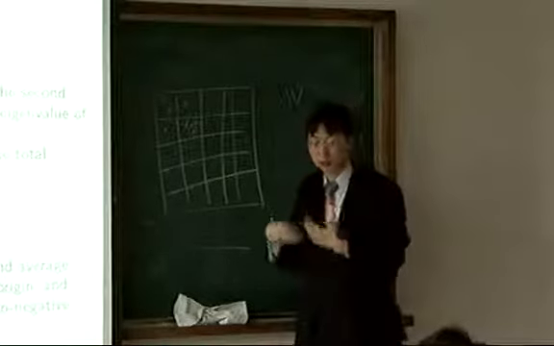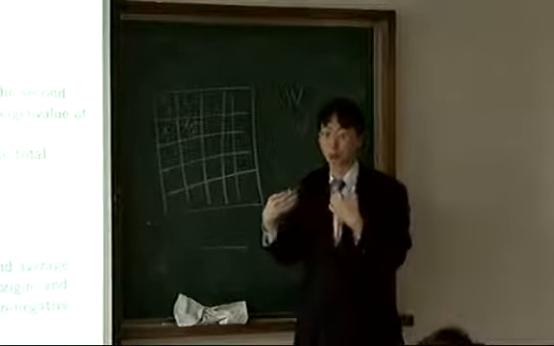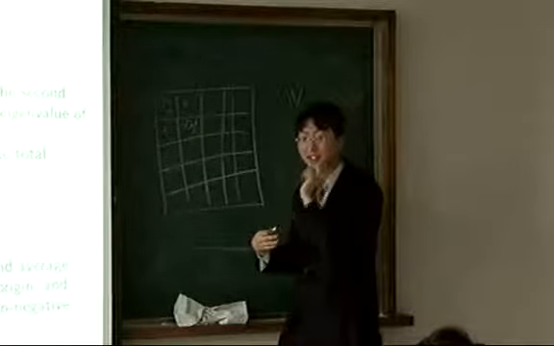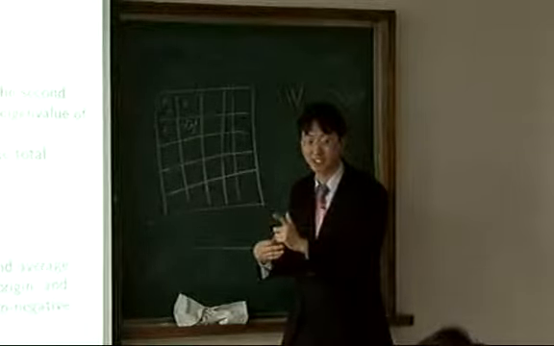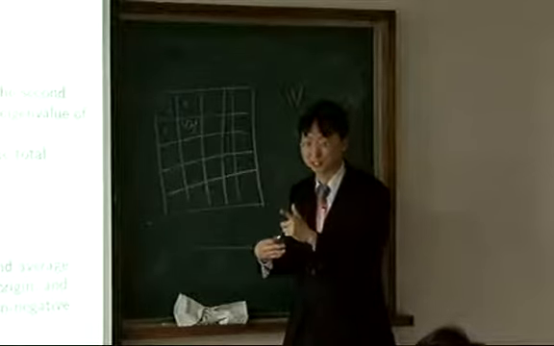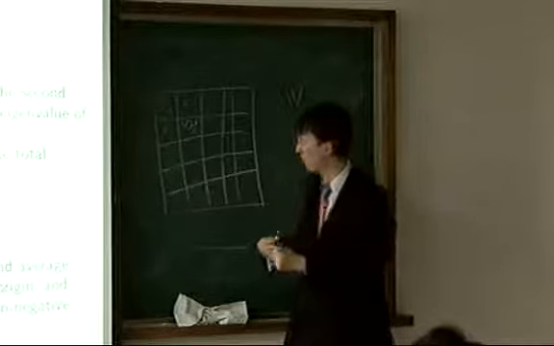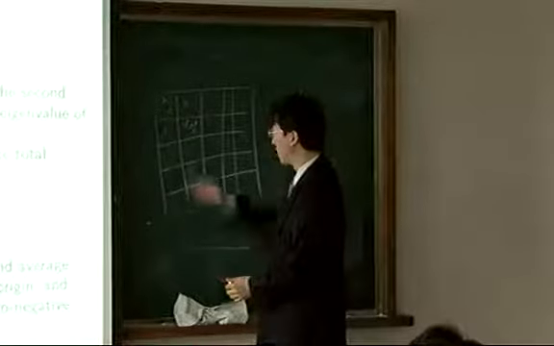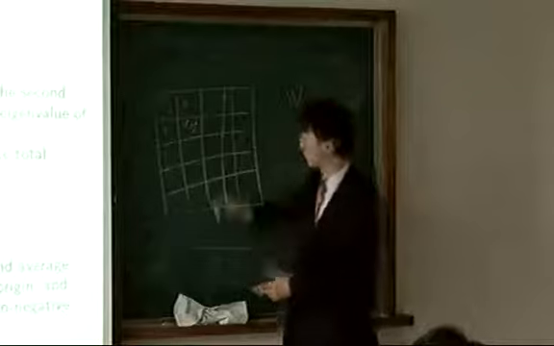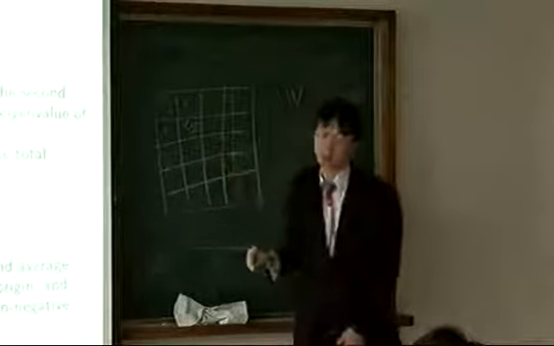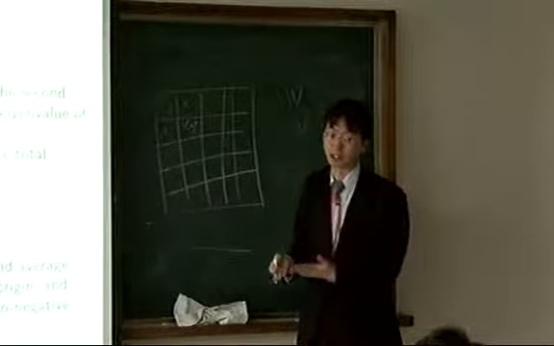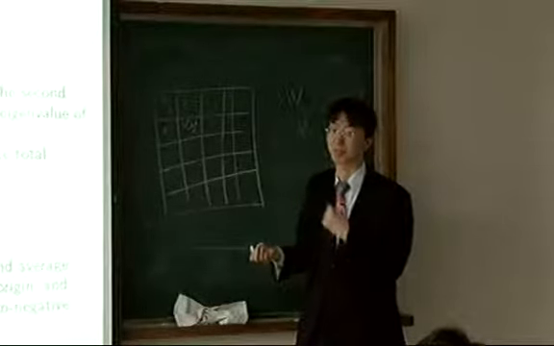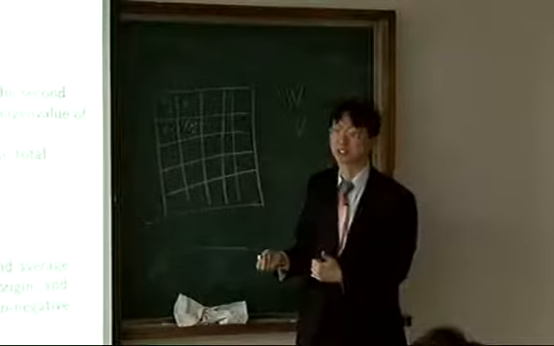Ignoring was always good, because if you ignore some interaction, it gives a smaller result, which is also a lower bound. But in this case, there's no guarantee that ignoring interactions between particles across the boundaries will lower the total energy. Sometimes it will lower the energy, and sometimes it will increase the energy.